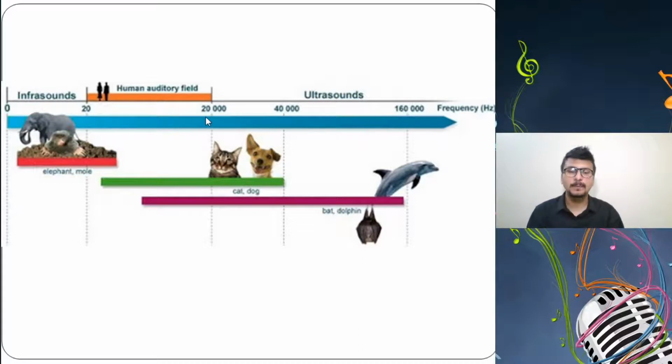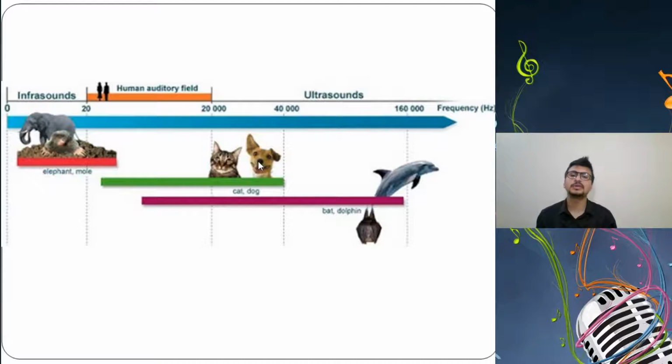Coming to above 20,000, from 20,000 to 40,000, the cats and dogs listen to sounds of this range. That's why we say when there is an earthquake or any natural calamity, the dogs and rats hear these sounds earlier, at the initial stage.